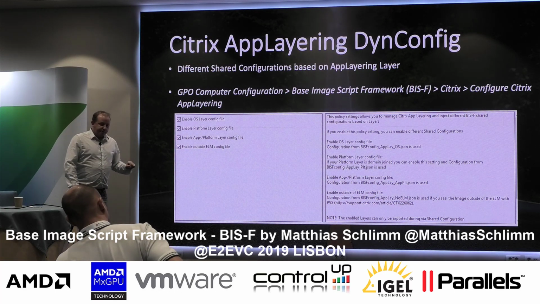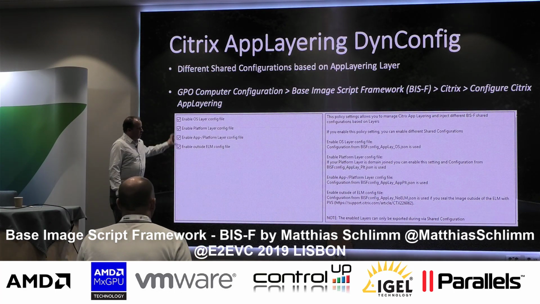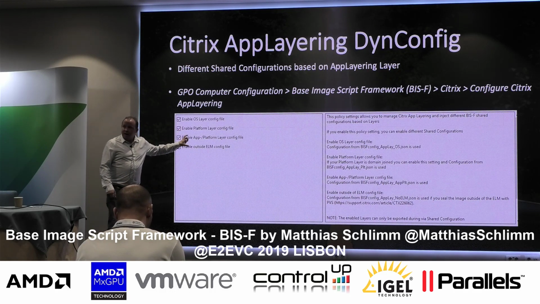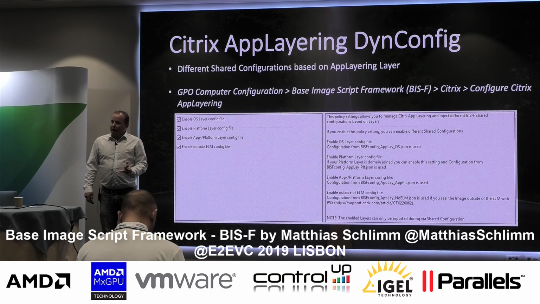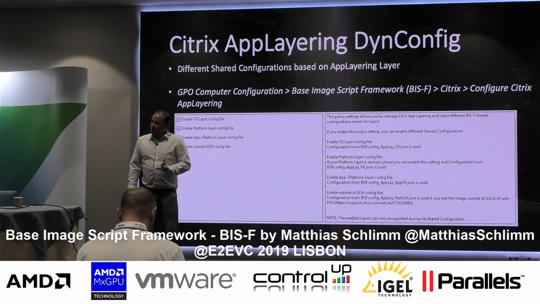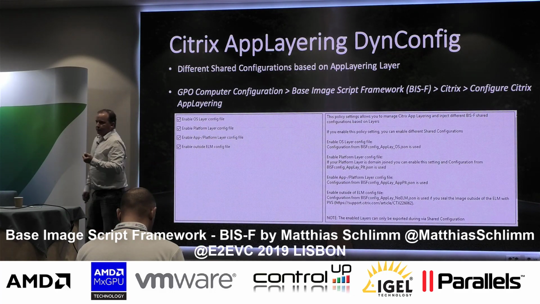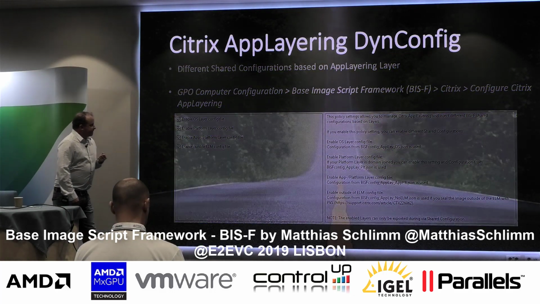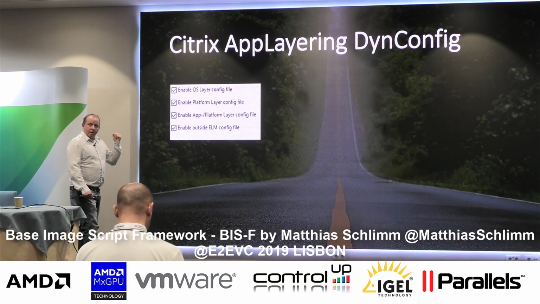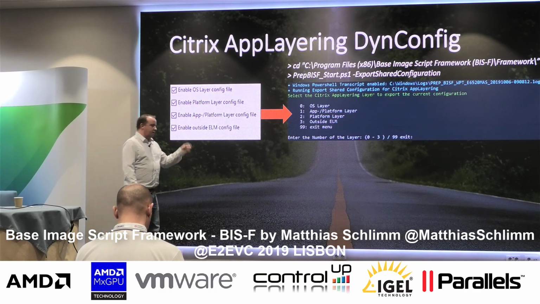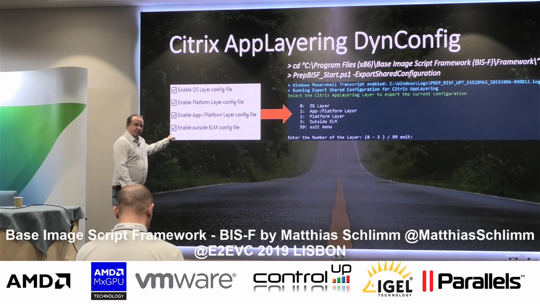I have 2 minutes left, so I'm walking a little bit faster. That means for app layering, you can use JSON files for each layer. BIS-F detects whether it is running on the app layer, the OS layer, or the platform layer, and uses the right configuration for your environment. You configure it in the HTMX, then run BIS-F as a separate command line, and get the information from the HTMX itself.